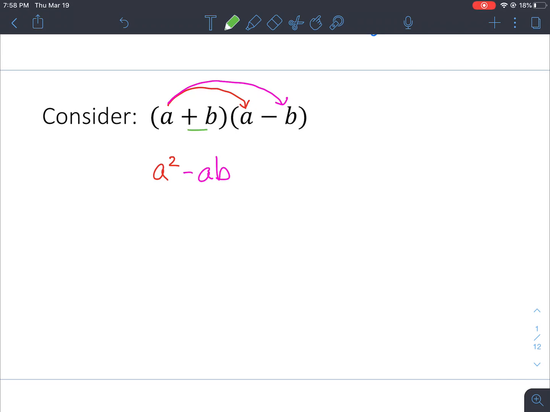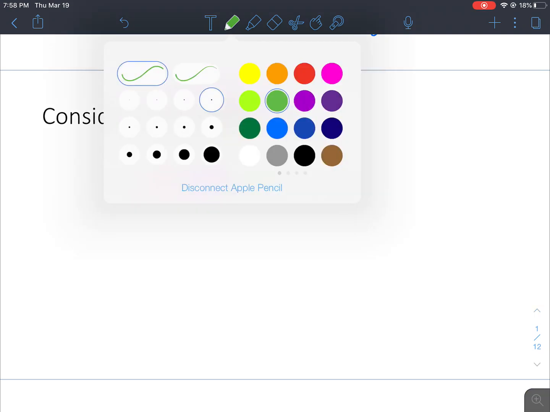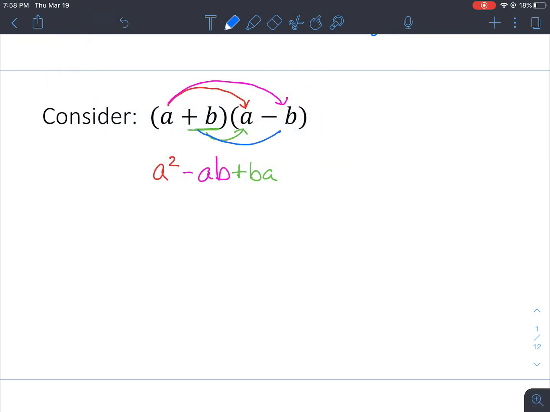So now we would distribute this plus b, or this positive b. B times a is ba. And lastly, b times negative b is minus b squared. Okay, so that's our first step.